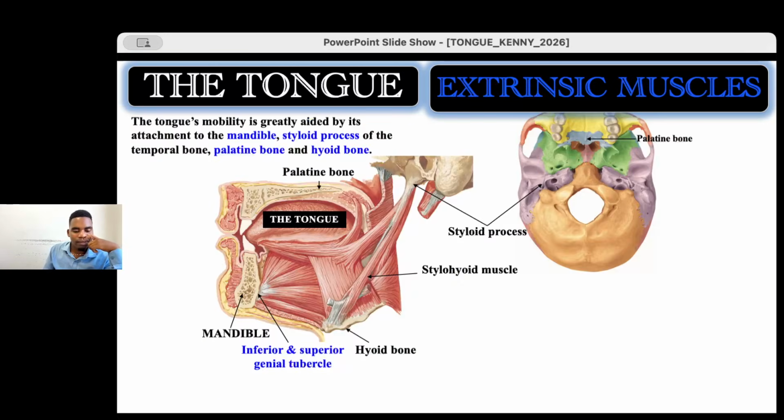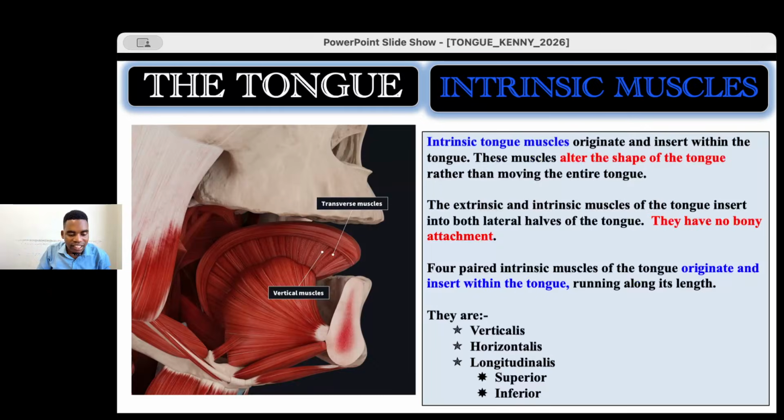Now let's discuss the extrinsic muscles of the tongue. These muscles are not originating from the tongue. They are coming from outside the tongue to insert into the tongue. The intrinsic muscles of the tongue are found within the tongue. Tongue is a muscular organ, so it has got muscles inside. These muscles are called the intrinsic muscles of the tongue.